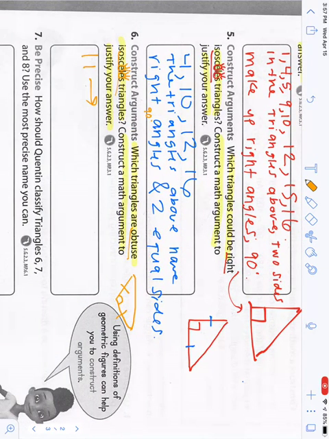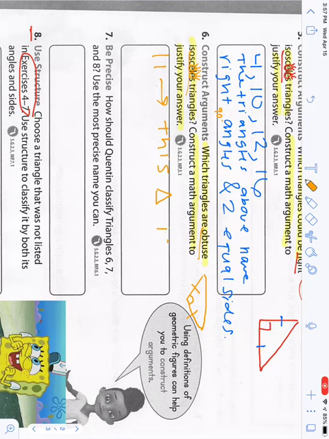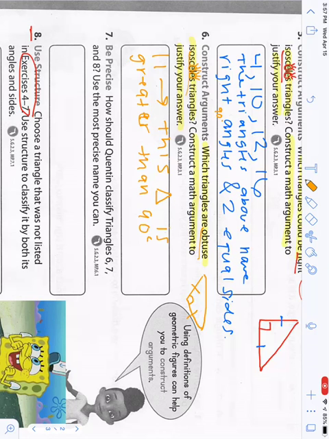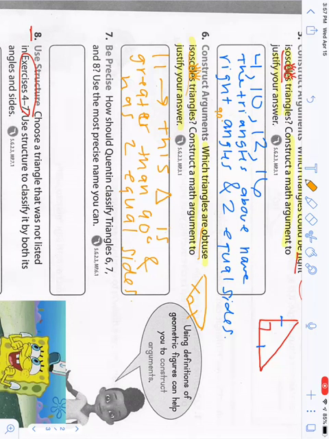And again, if we want to construct a good math argument to explain how we knew that, we are going to say that this triangle, and I'm going to draw it if that's okay, everybody, is greater than 90 degrees and has 2 equal sides.